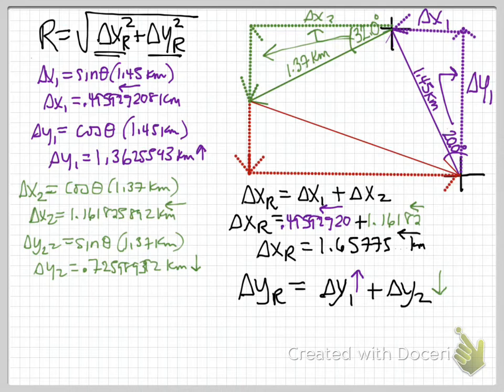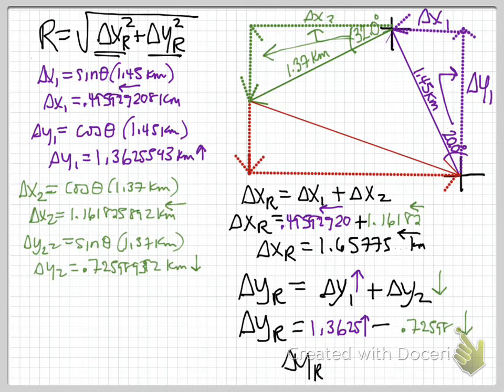Okay, we have delta y resultant there, which is equal to, again, you can choose to subtract these, you can choose to make one a negative. Either way, you know that they're in opposition, so the value of y resultant is going to be less than the value of your largest one here.